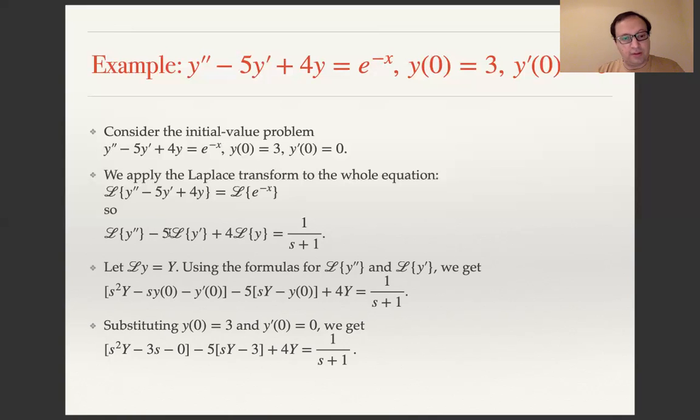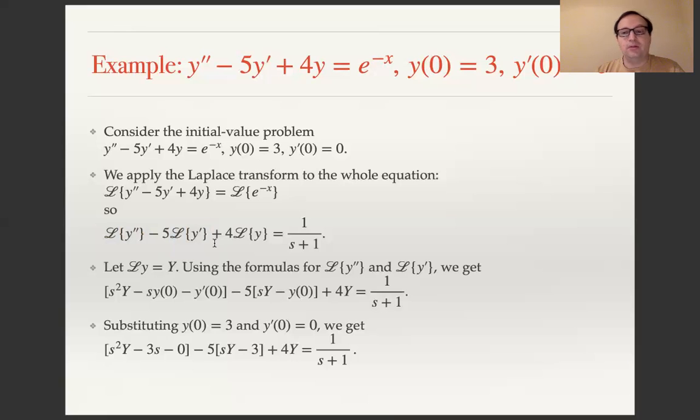because the coefficients are constants, we could just pull them out of the Laplace transform. So we have 5 times the Laplace transform of y prime and 4 times the Laplace transform of y. And then we can express the Laplace transforms of y double prime and of y prime as a function of the Laplace transform of y.